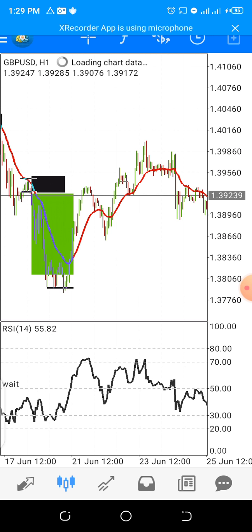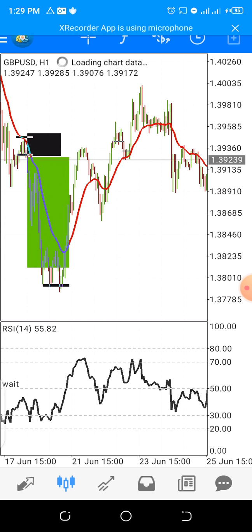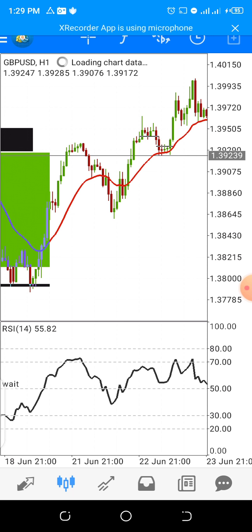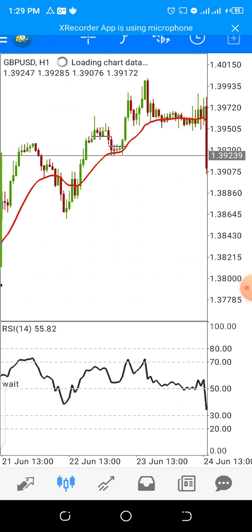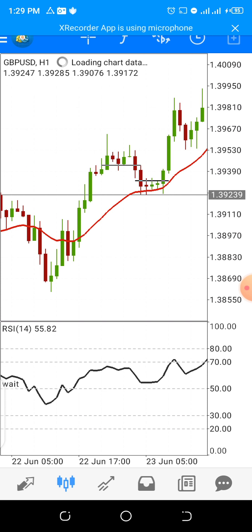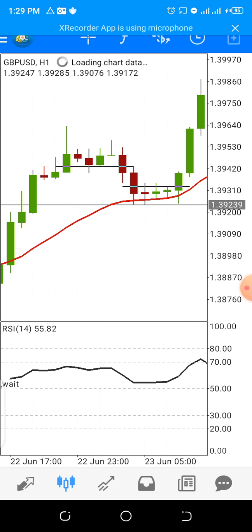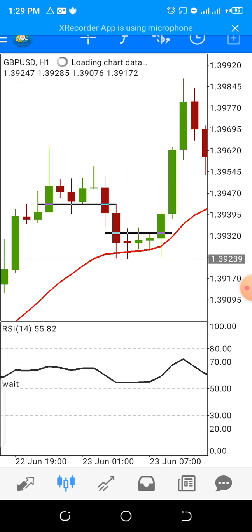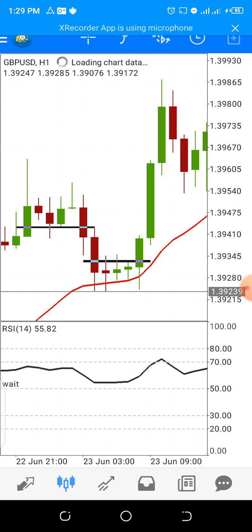Now look at the other way around: when the price broke and went above this moving average, there was a retest of this zone using an M and W structure. You need to watch my next video to see what an M and W structure is.